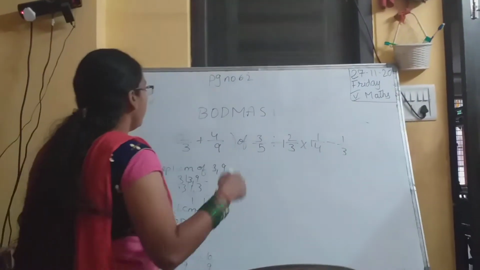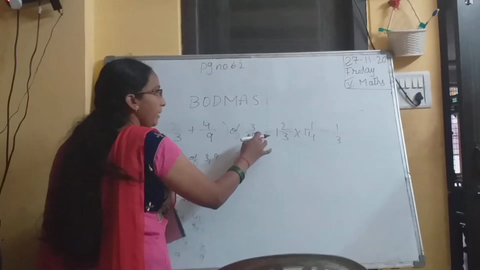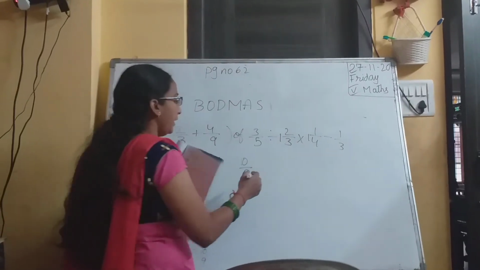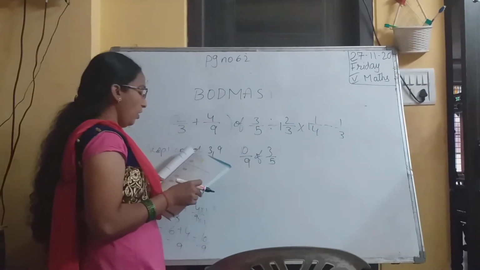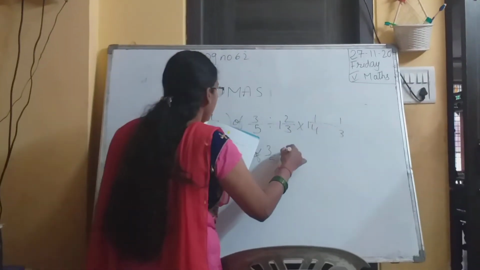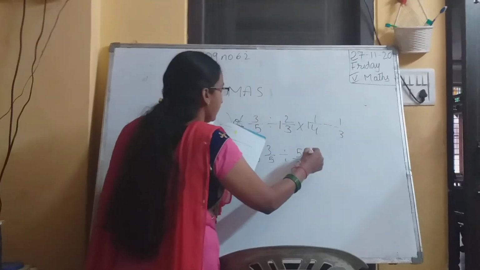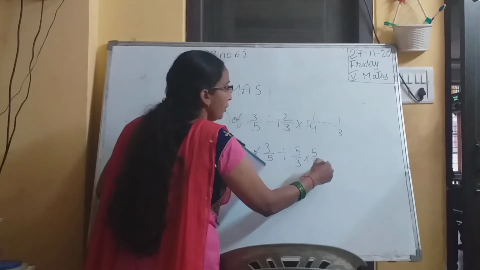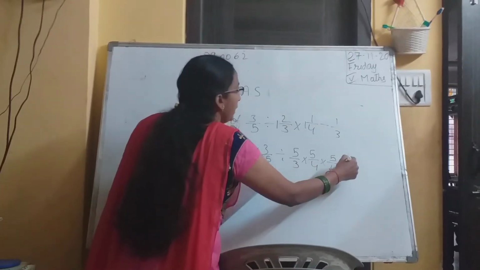Now you go see the sum here. What we got in the brackets answer? 10 by 9 of 3 by 5. Of means of 3 by 5. Okay. So divided by 5 by 3 into 5 by 4. 3 1s are 3, 4, 5. 5 by 4 into 4 1s are 4, 5 by 4 minus 1 by 3.